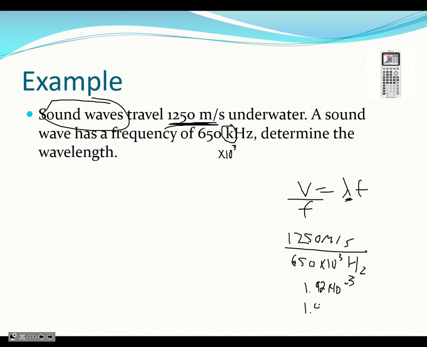Or we can say 1.92, and if you look up what negative 3 is on your data booklet, it's milli. So you can say 1.92 millimeters as well as an answer. And the reason that I answered to 3 digits here is because this has 4 digits, this has 3 digits, so I answered to the least amount of digits given in the question, which is 3. Okay.